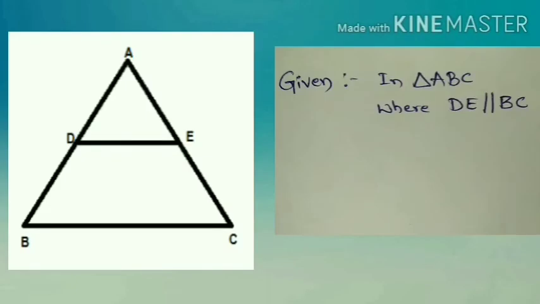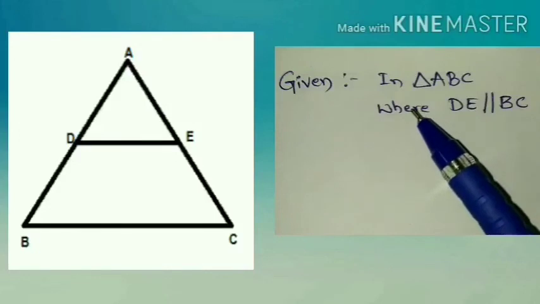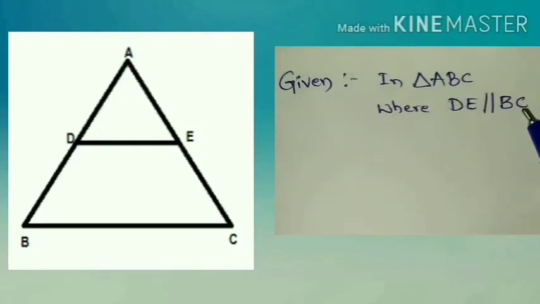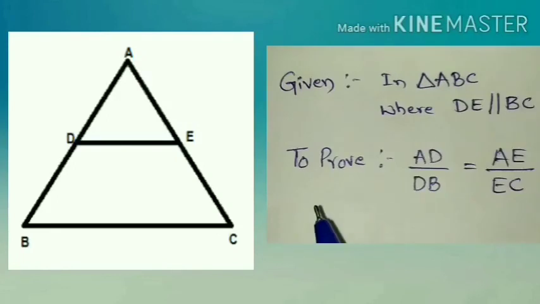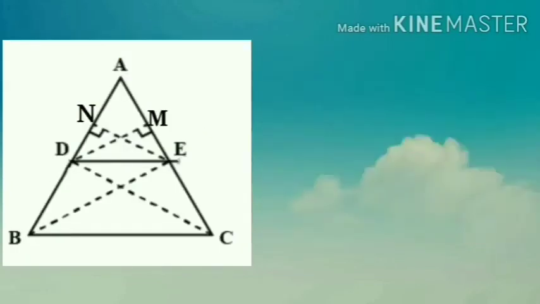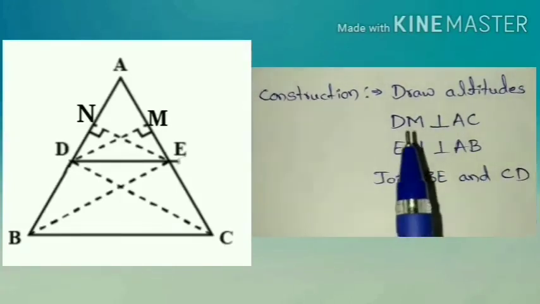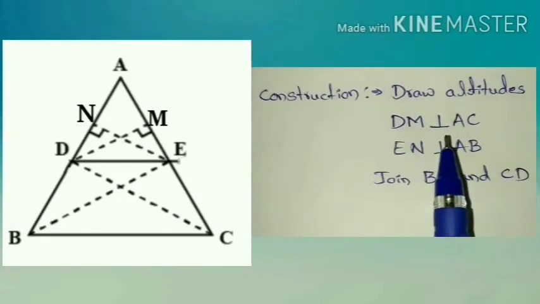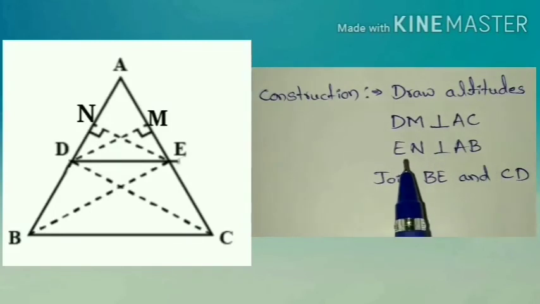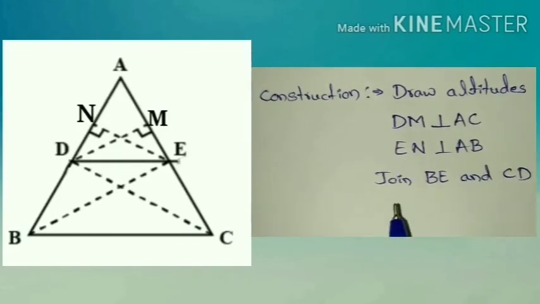Let's start with the given data in triangle ABC, where DE is given parallel to BC. To prove AD by DB equal to AE by EC, we need to do a construction. In construction, first we have to draw the altitudes, so that will be DM perpendicular to AC and EN perpendicular to AB, and also join BE and CD.